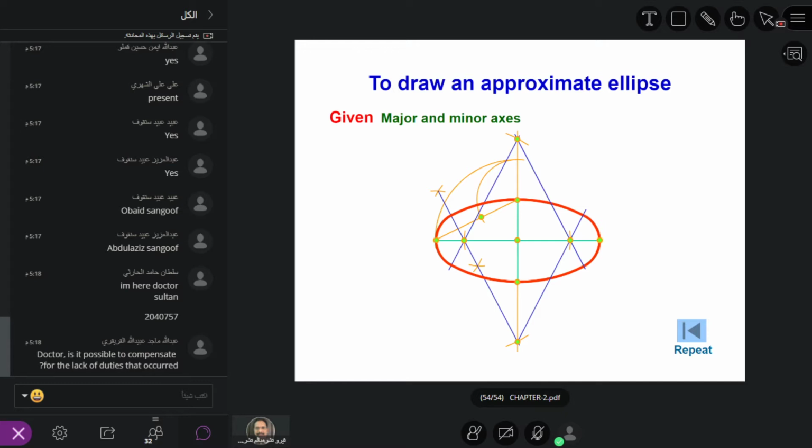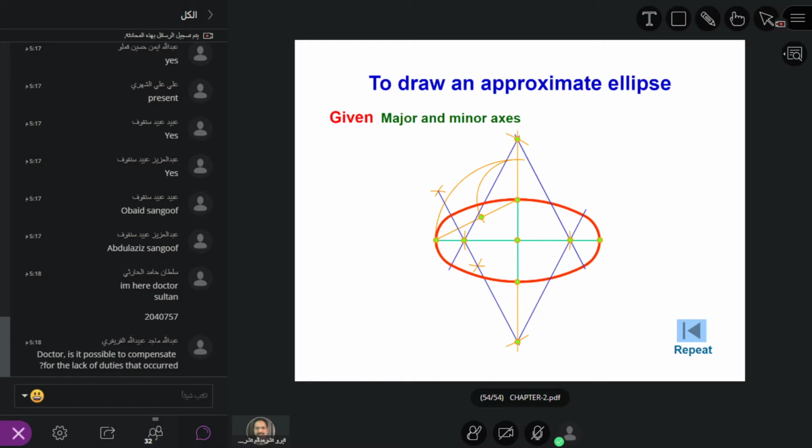Now you watch it again. Let's see how he did it. So first thing, this is AB and CD. AB is the major axis and CD is the minor axis. First he draws the major axis AB, but he is using a compass.